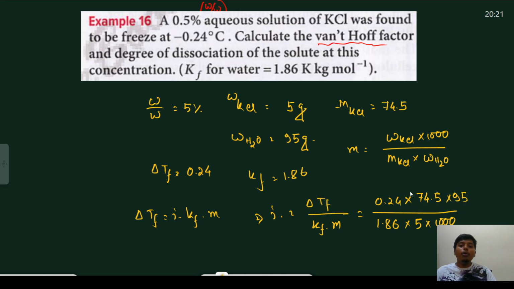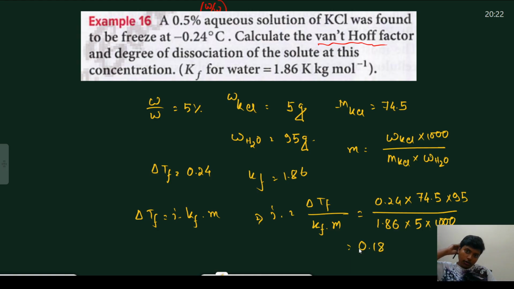That's it. Now do the calculation in one go. Always do the calculation in one go, that's why you will get less error. Clear? So the i value you are getting is, I think, 0.18.